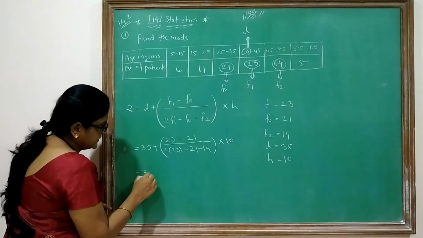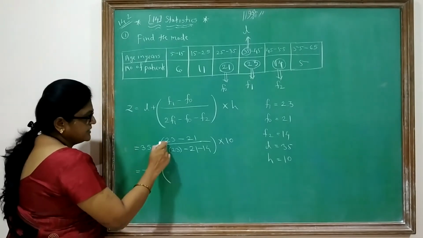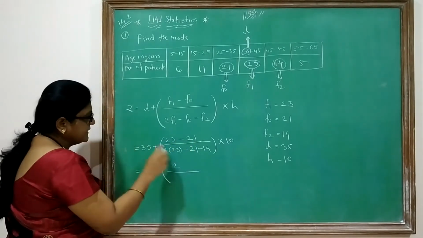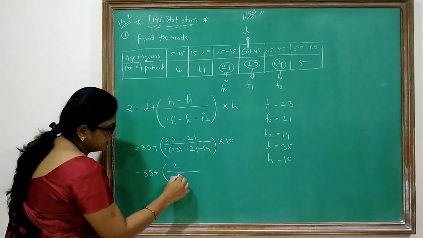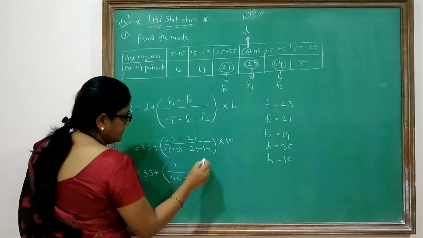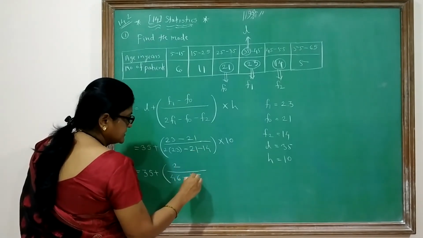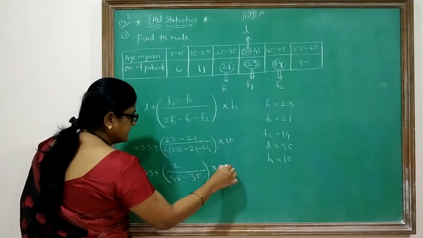Then calculate: 35 plus 23 minus 21, which is 2, divided by 46 minus 21 minus 14, which is 46 minus 35, that is 11, multiplied by 10.